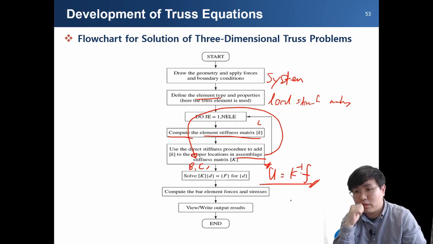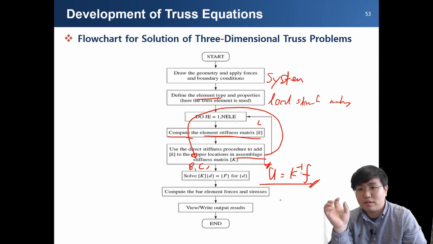However, solid mechanics engineers want to know the stress or forces rather than the displacement or strain, so you should compute the element forces and stresses.